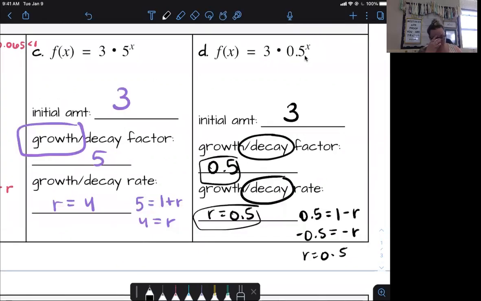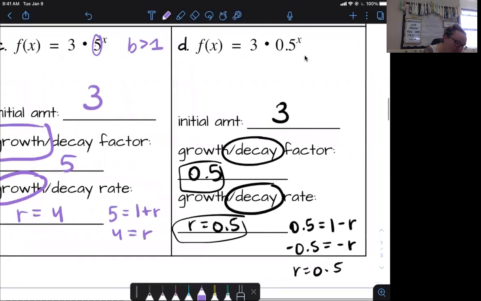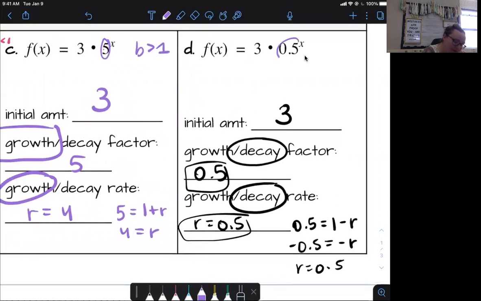So as you can see with part C and part D, for part C, I decided that this was an exponential growth function because b is greater than 1. That makes my initial amount 3. My growth factor is 5. And my growth rate then would be 4 because 4 plus 1 is 5. Then for part D, our b value of 0.5 is less than 1 but greater than 0.